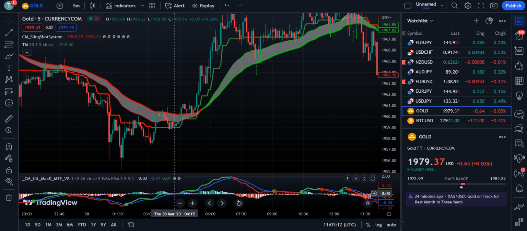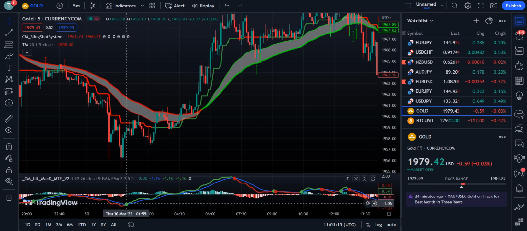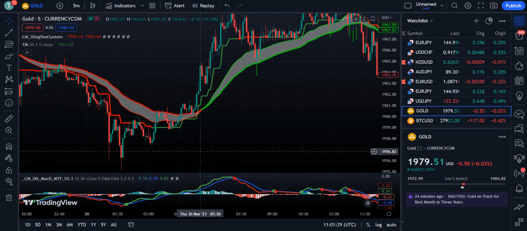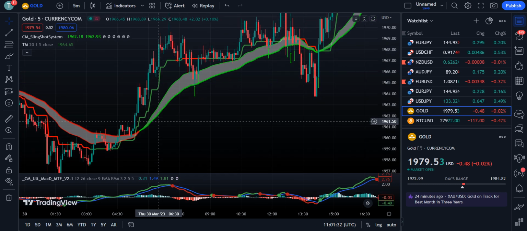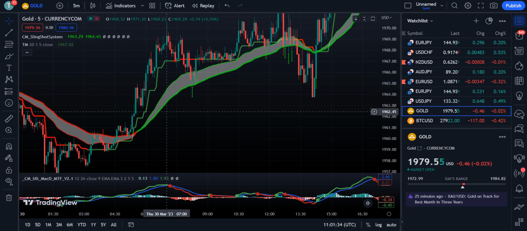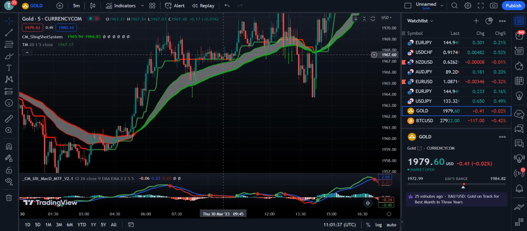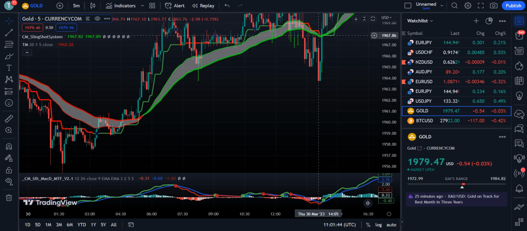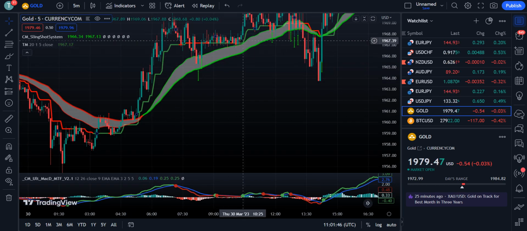The final thing is that our CM MACD indicator should give us the green color dots, and after that our line should be above this zero level line, and our histogram should also be in the green color. If all these four conditions are fulfilled, then we take the entry into the bullish market. And you can see that our market is also moving above this level that is given by the CM Sling Shot.